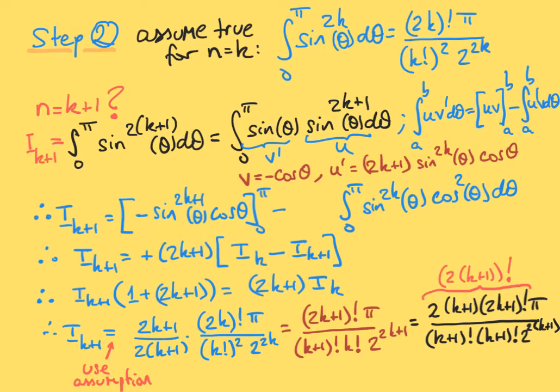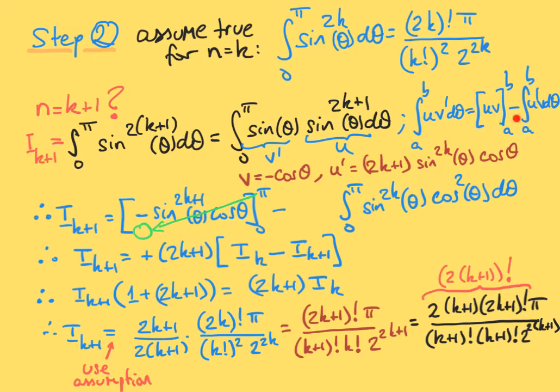Now, for whatever allowed values of k we have, 2k plus 1 is going to be positive, and the sine of 0 to some positive power vanishes, and the sine of pi to some positive power will also vanish. So therefore, this entire term is going to vanish.